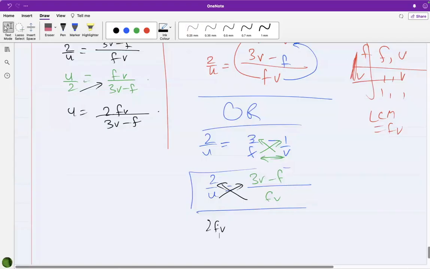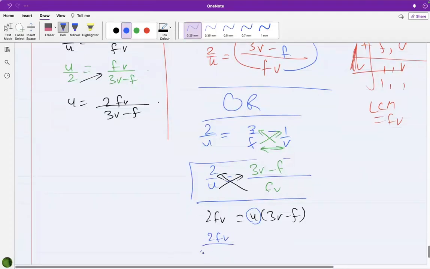So 2FV is equal to U times 3V minus F. Any objection? Now what next? I want to keep this alone, so I'm bringing that fraction downwards. So 2FV over 3V minus F is equal to U. Reciprocating actually saves you 2 steps.